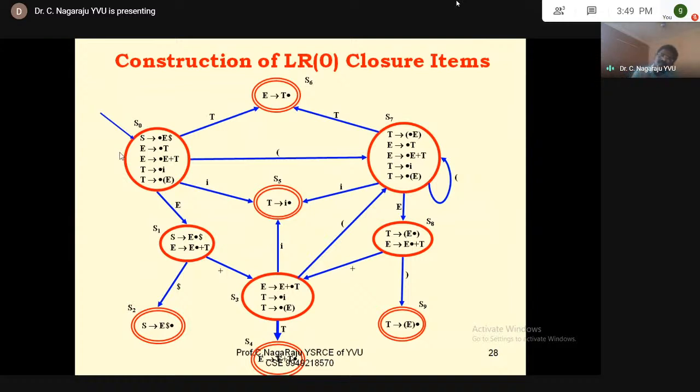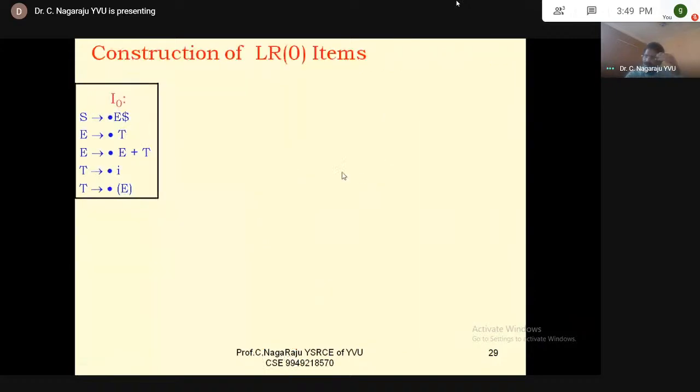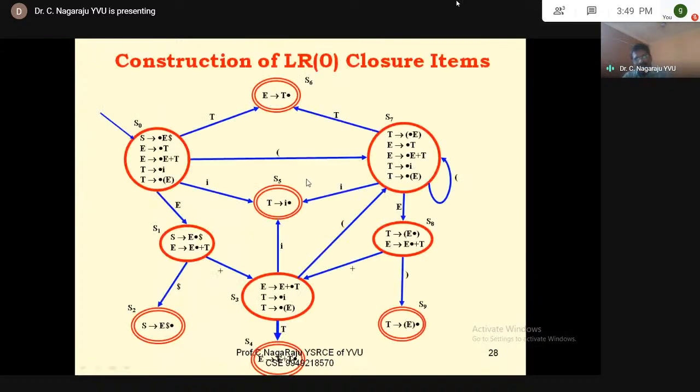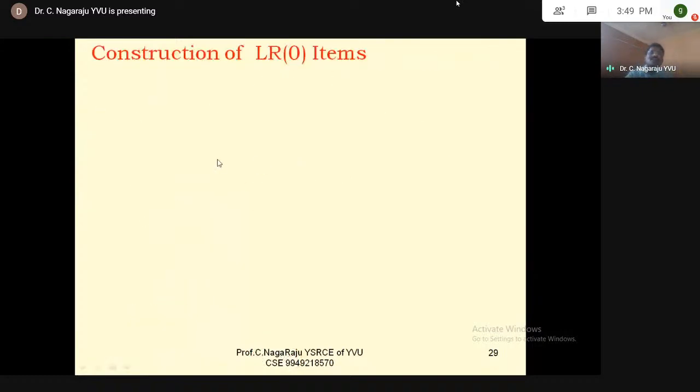If in the new position the dot is before a non-terminal, all the productions of that non-terminal will be written in that state. Again we can do the same process. So that is another way of constructing. If sometimes you think it is difficult, then you take that other method for construction of LR items.